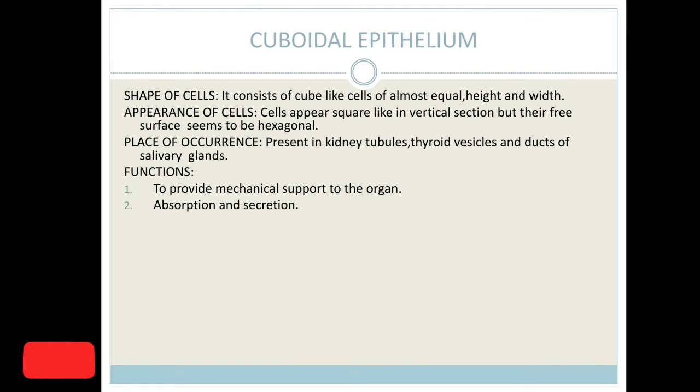The appearance of this cell is just like a square. It is present in our kidney tubules, thyroid vesicles and the ducts of the salivary gland. The main function of this cuboidal epithelium tissue is that it provides mechanical support to the organ, and it also helps in absorption and secretion.